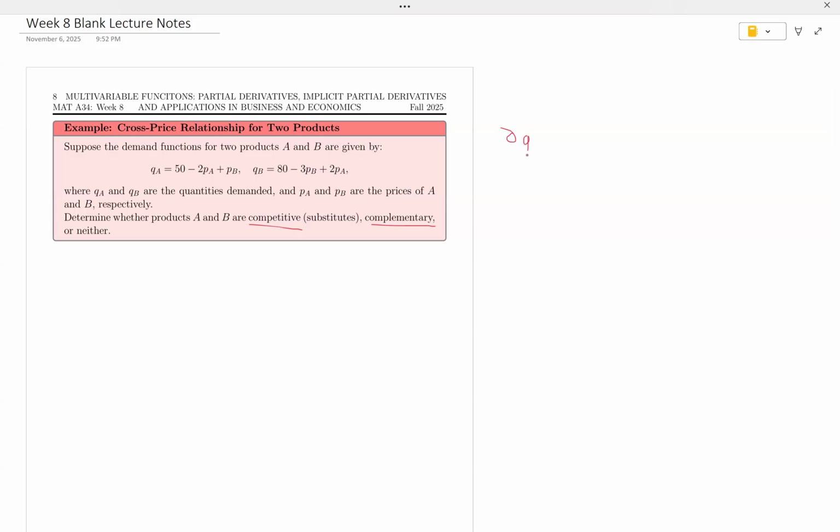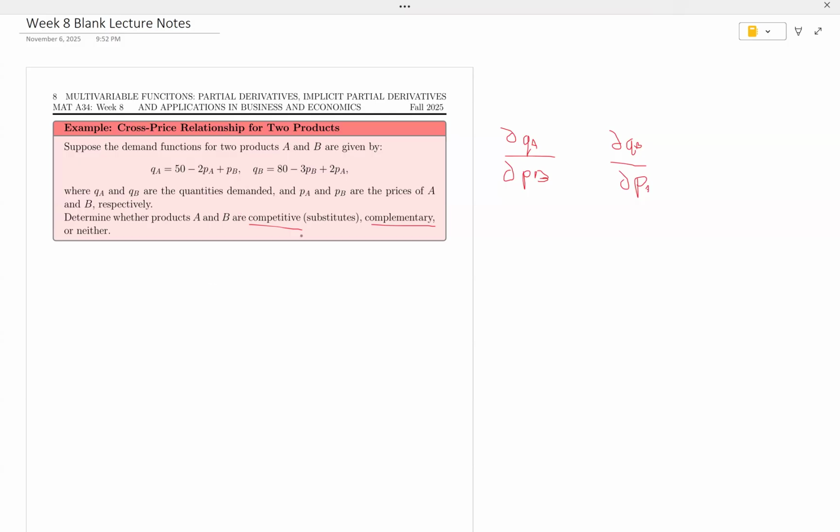We're looking at the partial derivative of Q of A with respect to the price of B, and we're looking at the partial derivative of Q of B with respect to the price of A. So we're looking at how the quantities change relative to the other price changing.